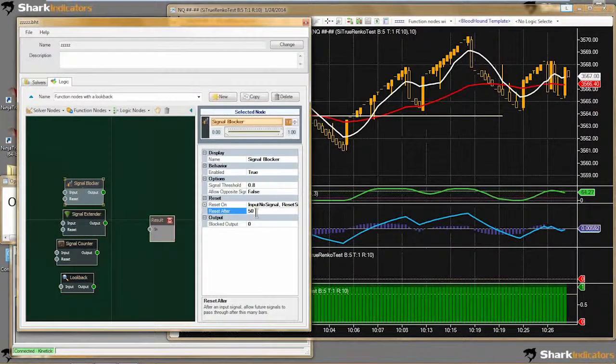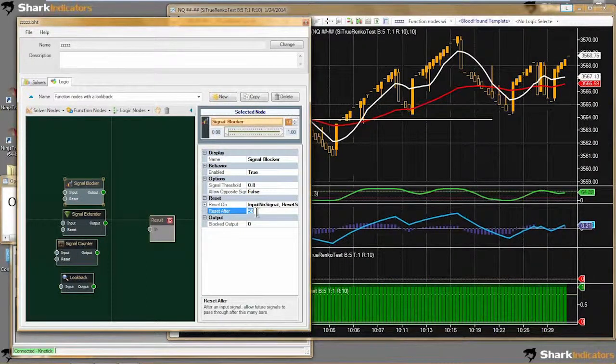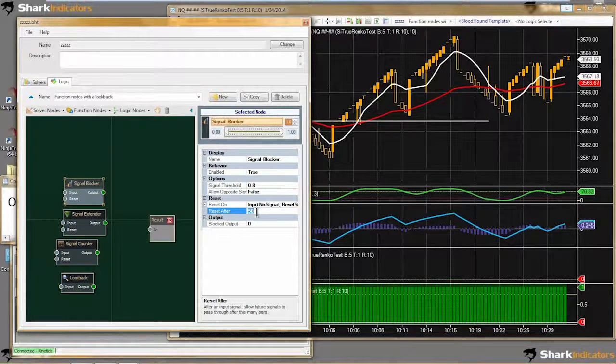So my suggestion to minimize the CPU usage is to set these to as low of an amount as possible. But of course, you don't want to set it too low, because then the signal blocker might reset itself too soon.